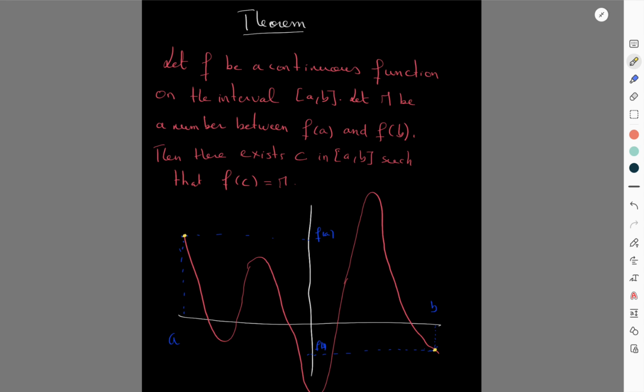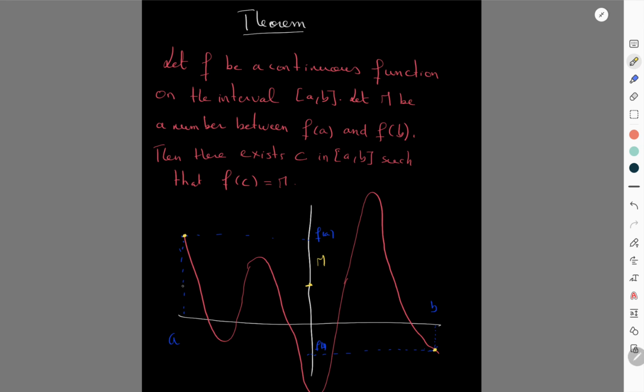And let us see what the intermediate value theorem states. So m is a number between f(a) and f(b). So if I pick m to be a y value between f(a) and f(b), the intermediate value theorem states that there exists a c inside the interval (a, b) such that f(c) is equal to m.